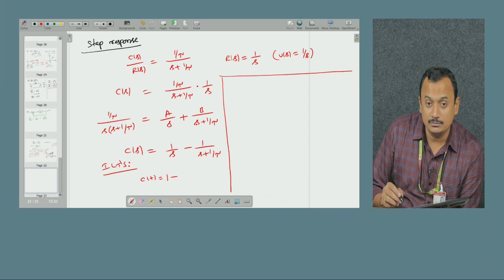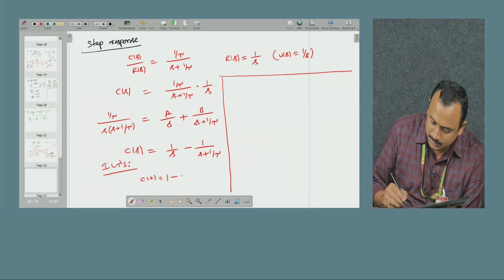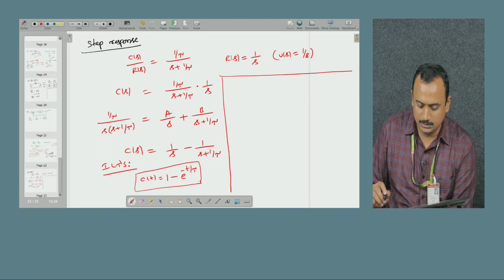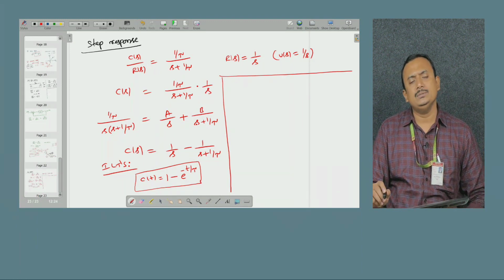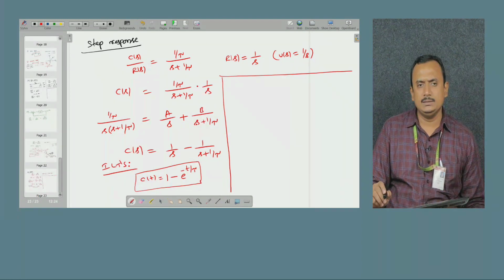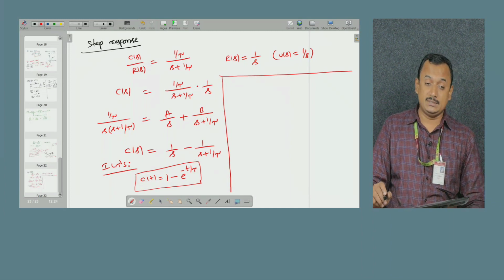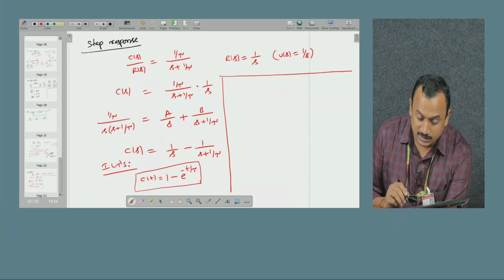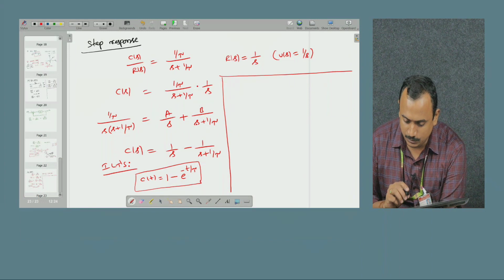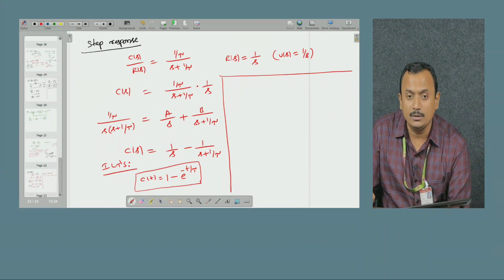It is in the form of 1 by s plus a. It becomes e power minus t by tau. So this is a very important equation. Step response, as I told you, we consider the step signal the best signal for testing. Now this is how the response will be: C of t is equal to 1 minus e power minus t by tau.